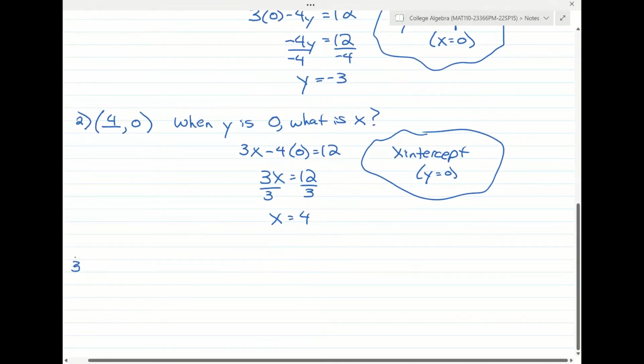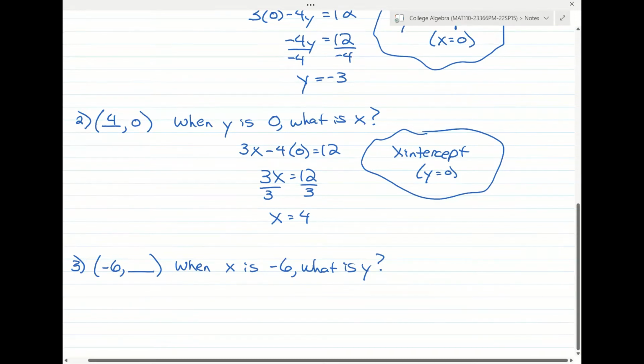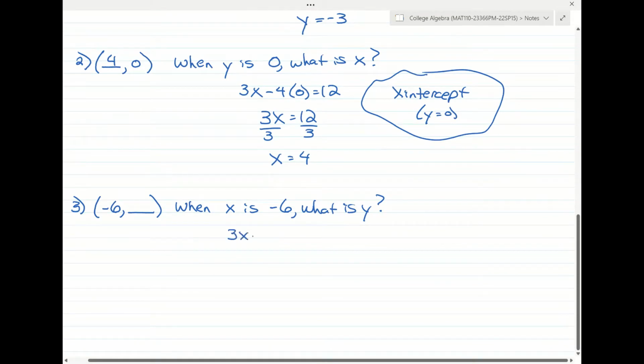Example. What about if we had -6, comma, and a blank here? What this is asking you for is when x is -6, what is y? We take our same equation. X is -6.